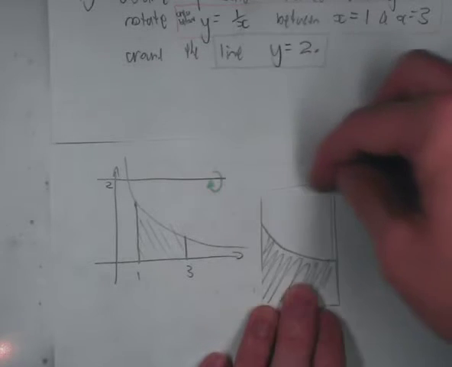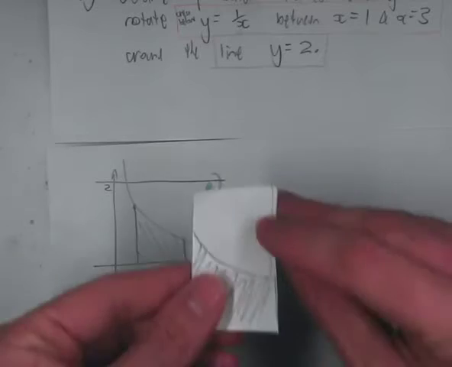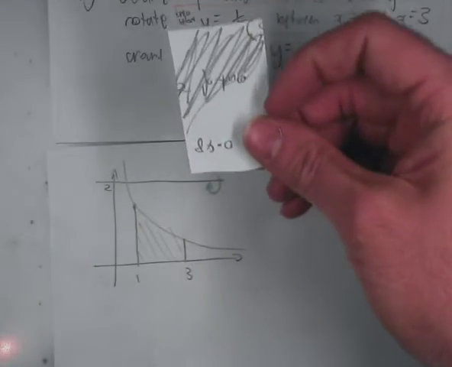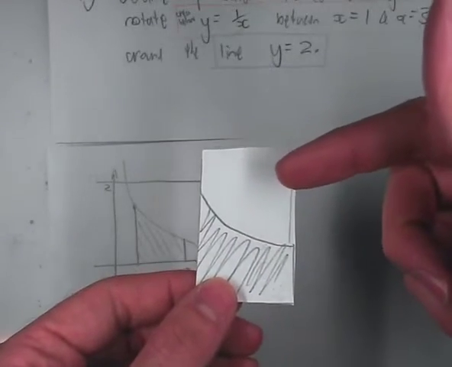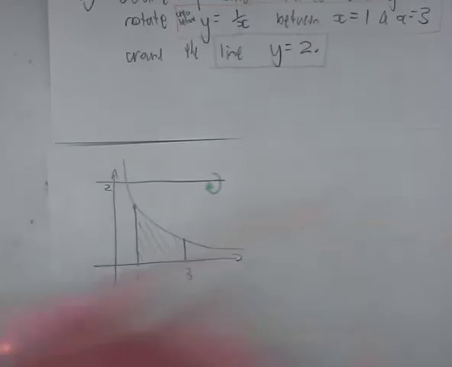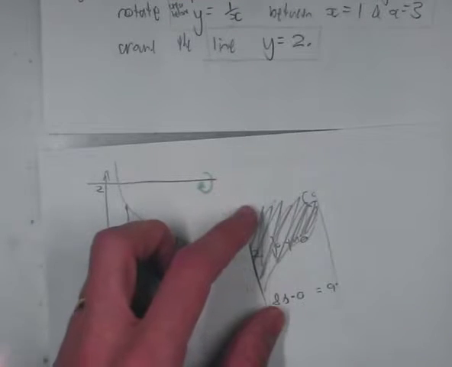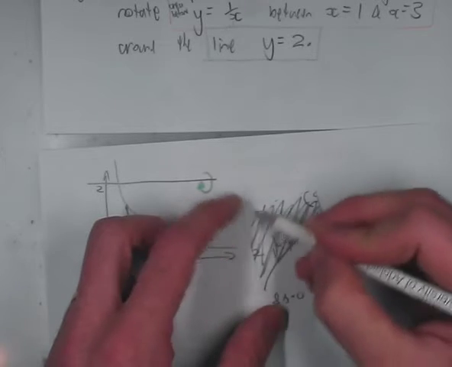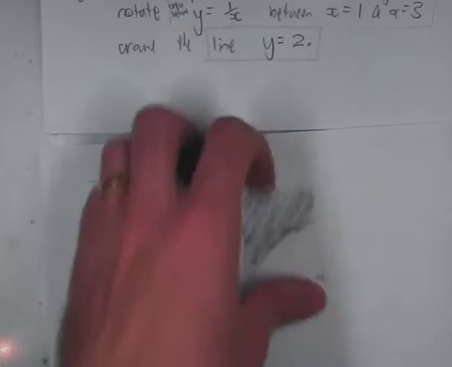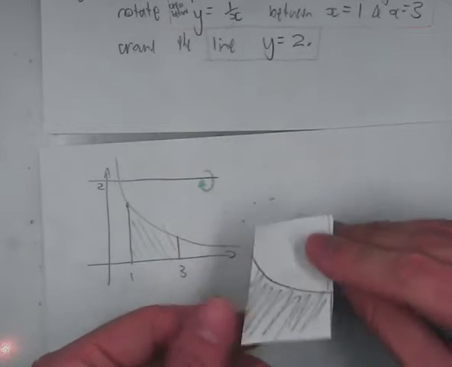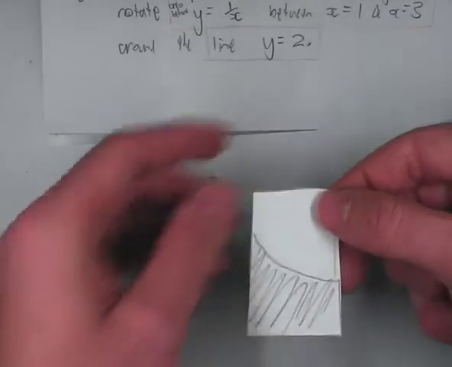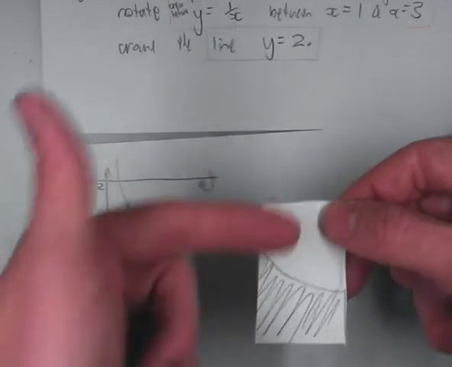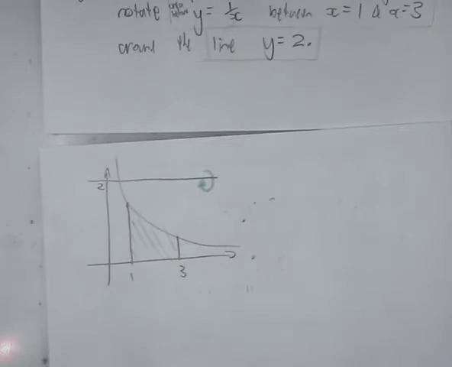But what we're doing is we're rotating it around this line here. So when we rotate around that line, you sweep out something, but all that white space is just a hole in the middle of my shape. So I've tried very hard to colour it in on the other side when it sweeps the other way. So it was like this. I swept it round this way, and it came down here, and I swept it back around here until we started. And we ended up with a shape around here, but there's a hole in the middle. So we need to be able to account for that hole as we create the shape itself.